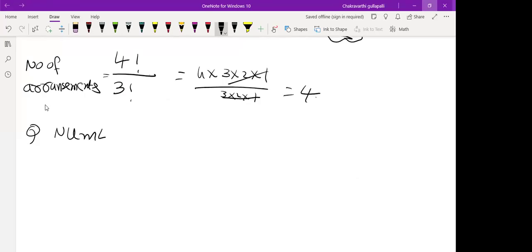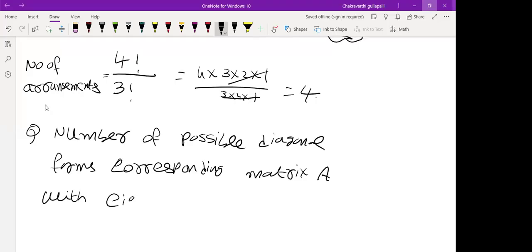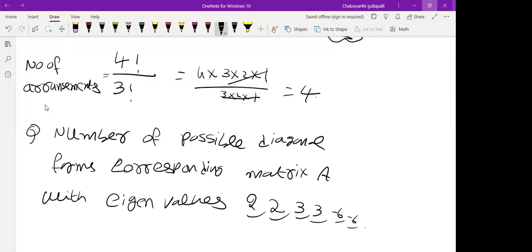Number of possible diagonal forms corresponding to matrix A with eigenvalues 2, 2, 3, 3, -6, -6, 7.